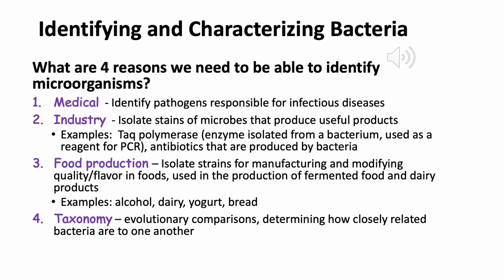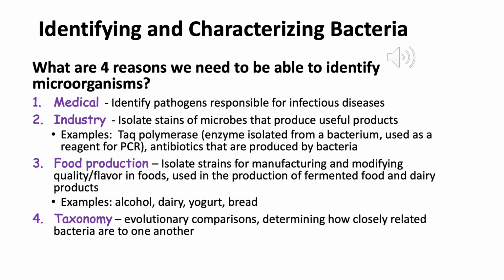So, evolutionary comparisons of how closely related one bacteria is to another. So, making a phylogenetic tree or a family tree to determine how closely related different strains of bacteria are one to another. So why would that matter? Why is that important to do? Well, say you found an important antibiotic in one species of bacteria.